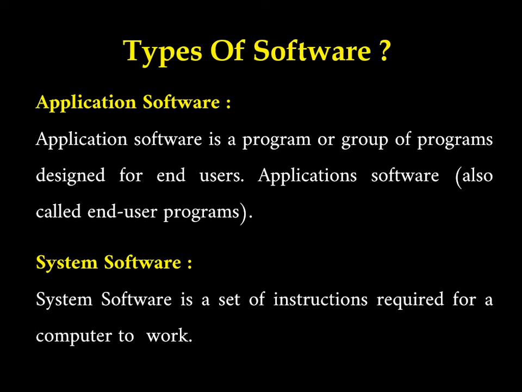For example, DOS, Windows, Mac, Unix, Linux. These are the operating systems that run the computer. That's why you are able to work on computers. So in short, there are two types of software: application software and system software. Application software works under the system software, and system software is required to run the computer.